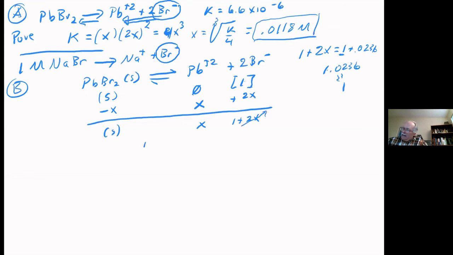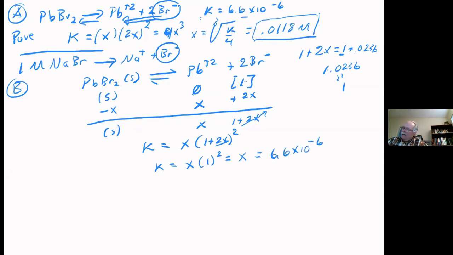In other words, my K is equal to X times (1 plus 2X) squared, and I have a cubic problem. But I can ignore the X because it's so small compared to my initial concentration. So now I have K is equal to X times 1 squared, which is X, which is 6.6 times 10 to the minus 6.